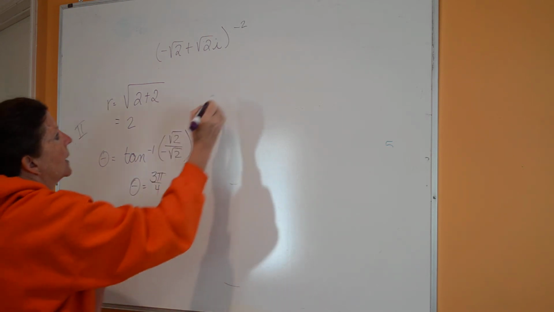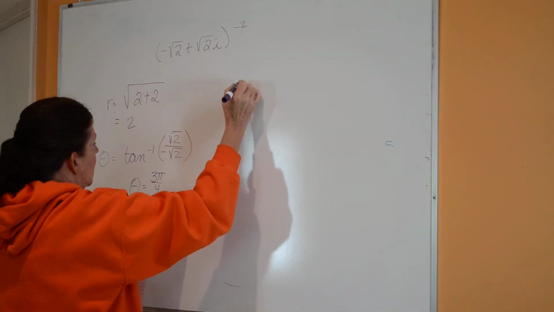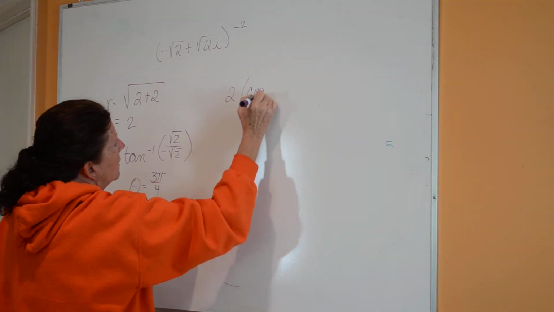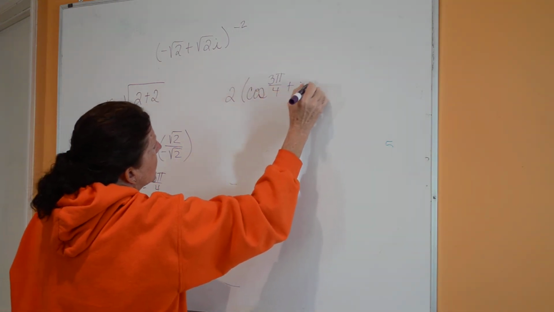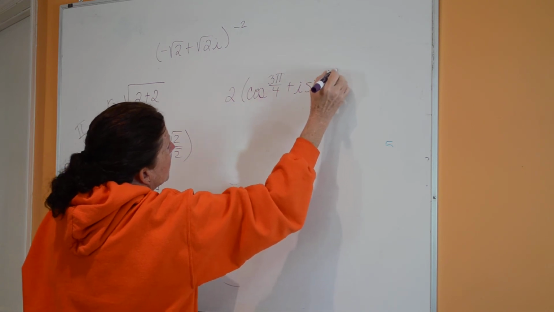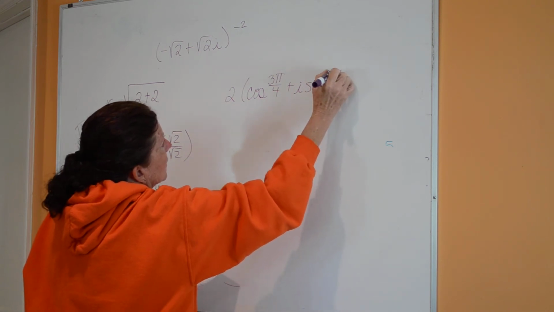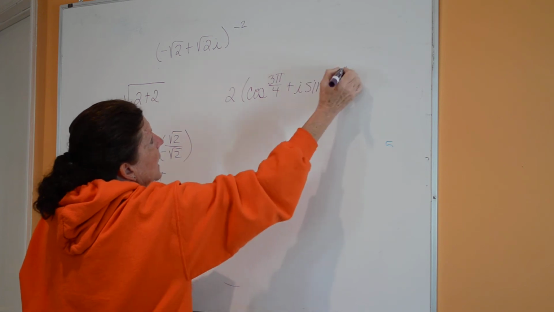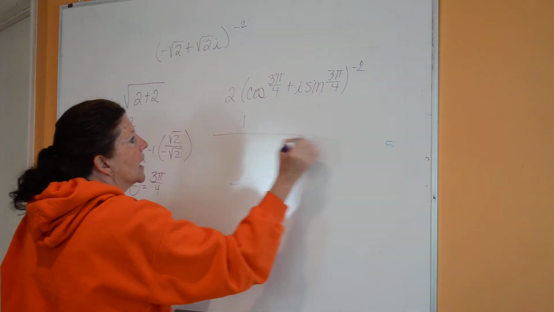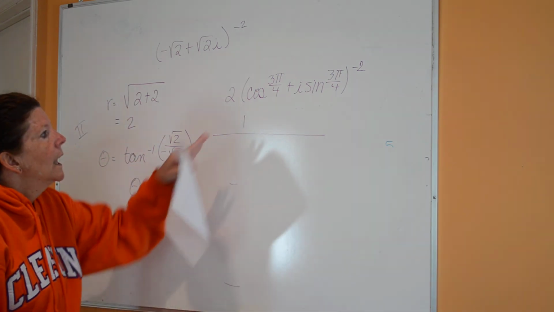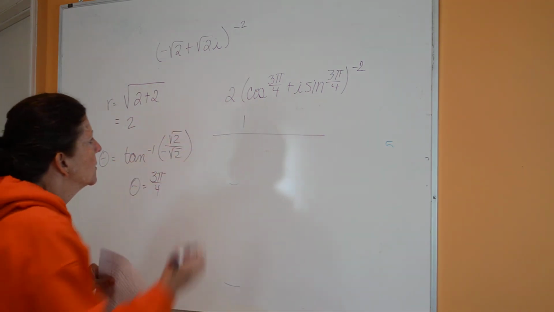So then I rewrite it: 2 times the cosine of 3π/4 plus i times the sine of 3π/4, and it's raised to the negative 2 power. That means I'm going to place this underneath the 1, and I'm going to raise these all to the 2nd power.